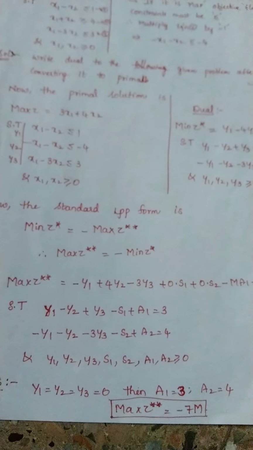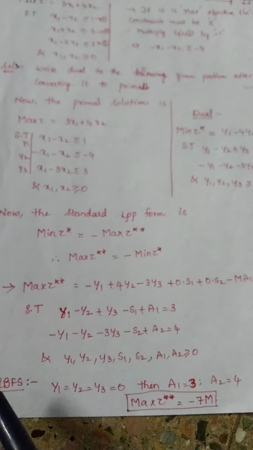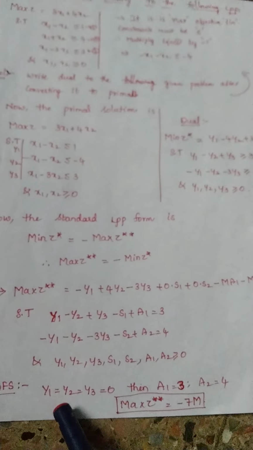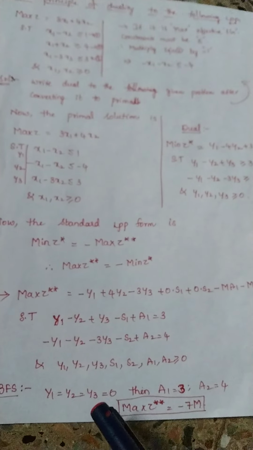What is the next step to do? We have to find out the IBFS, that is the initial basic feasible solution. How are you finding out the IBFS? We have to give the variables values as 0, that is y1, y2 and y3 as zeros.